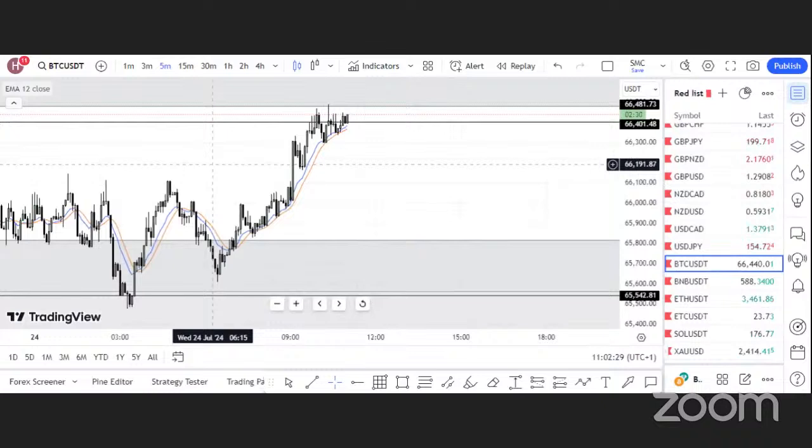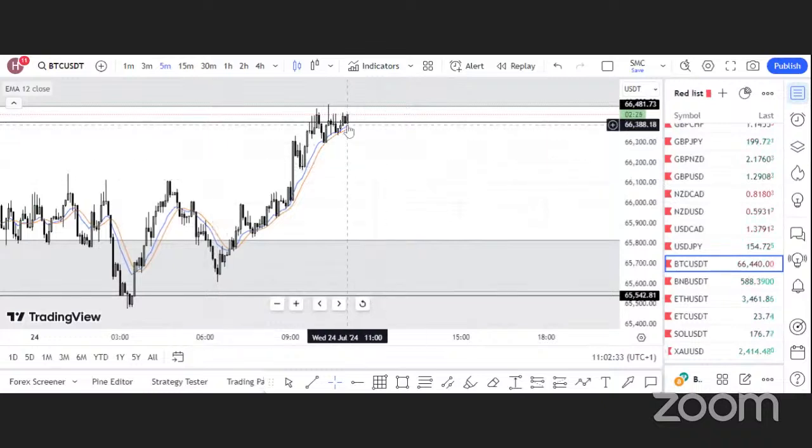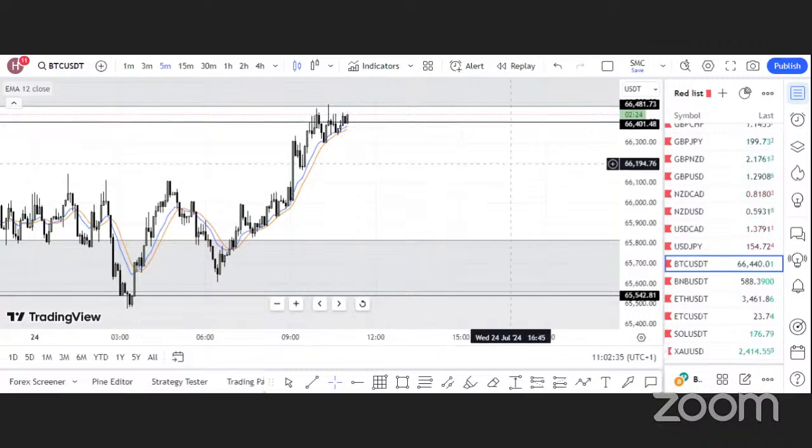Since the time is almost up, let's just wait for the close of this current candle. We have less than 3 minutes, 2 minutes and a few more seconds to the end of the current candle.